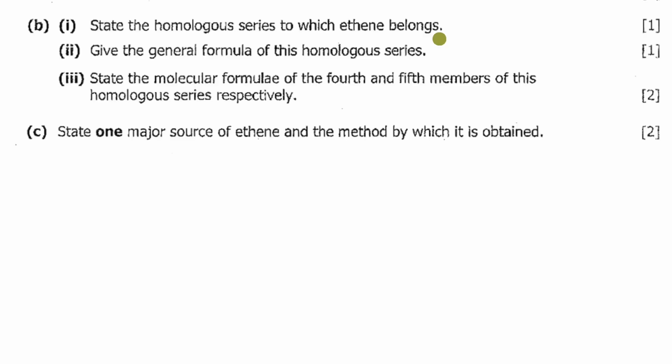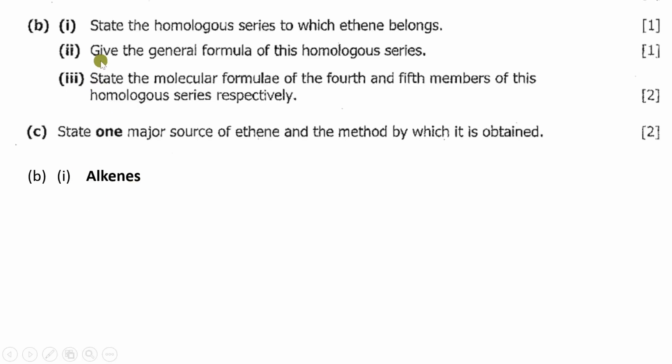Different families, like we have the alkene homologous series, the alkane homologous series, the alcohol homologous series, the carboxylic acid homologous series, then the ester homologous series. Now ethene, from these I've mentioned, which one does it belong to? So B Roman numeral 1, it is alkenes.